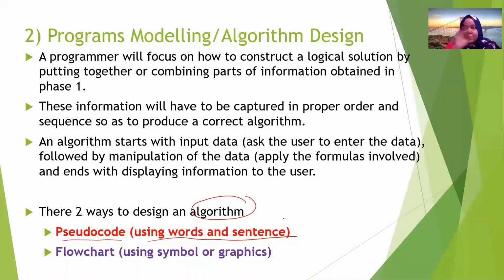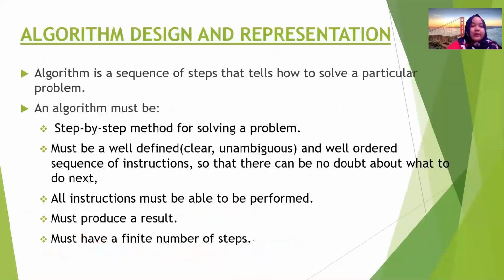Step 1, you write it in sentences. And the last one is the flowchart, using symbols or graphics. Here we use drawings. So remember, pseudocode and flowchart are the two ways to design an algorithm, or we can call them the tools of algorithms.